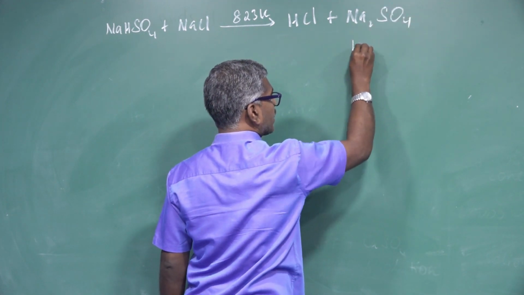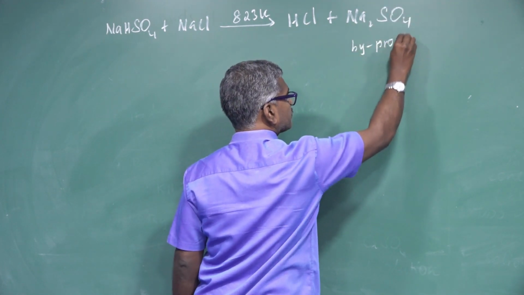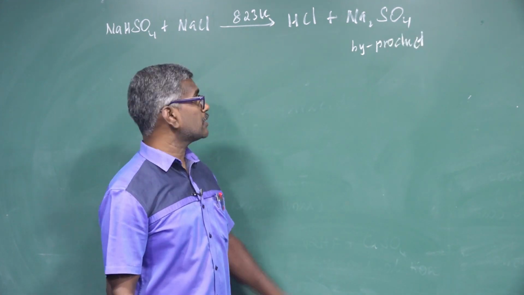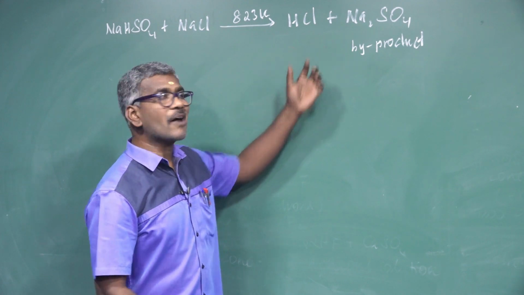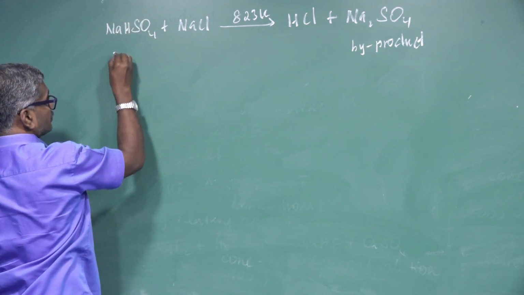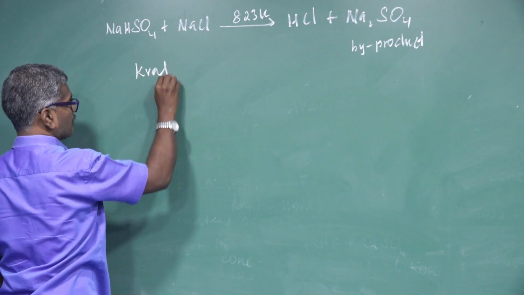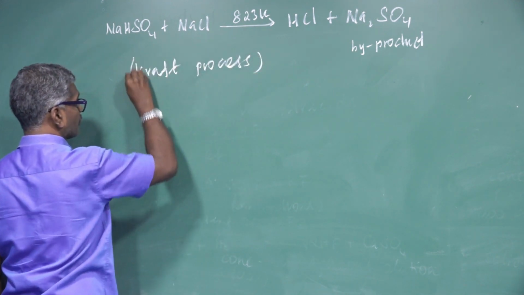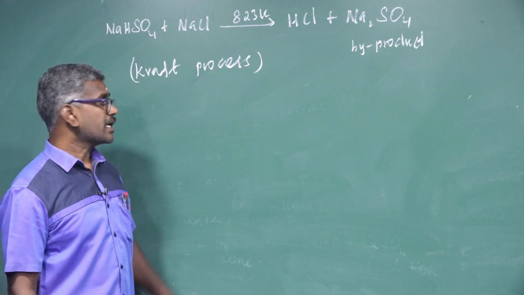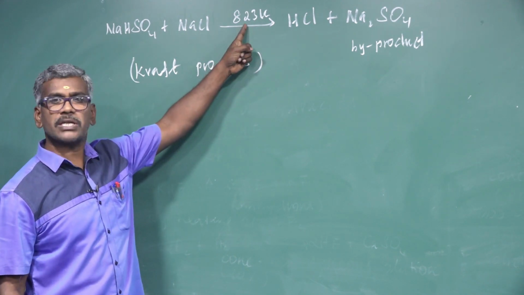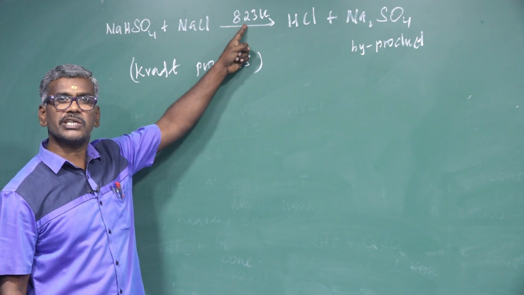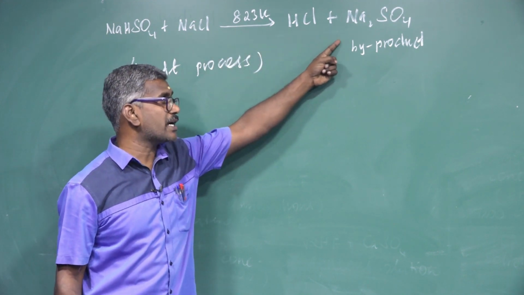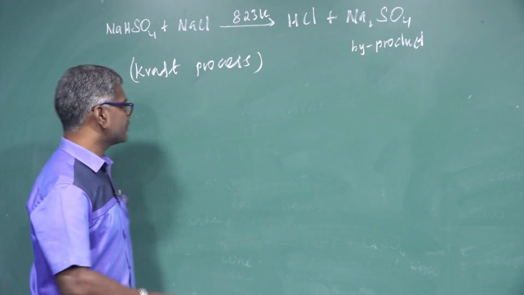This is formed as a byproduct, which is used for making paper. This method is known as the Kraft method. One more question may be asked: in the Kraft method, what temperature is used? 823 Kelvin is used to form HCl and sodium sulfate.